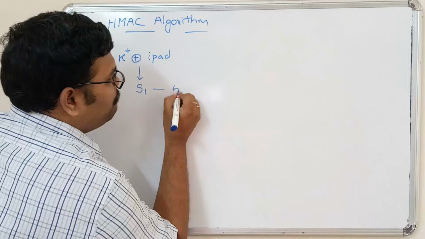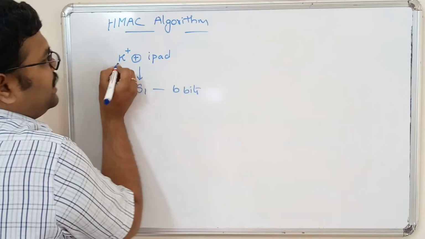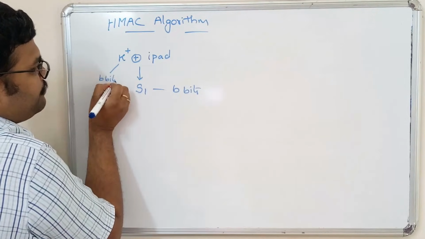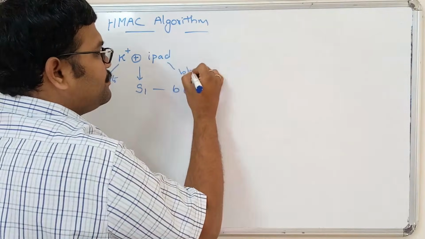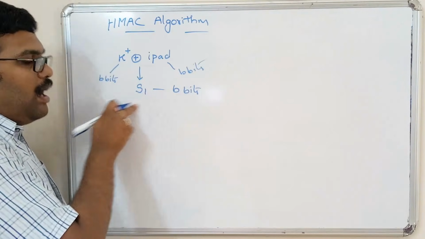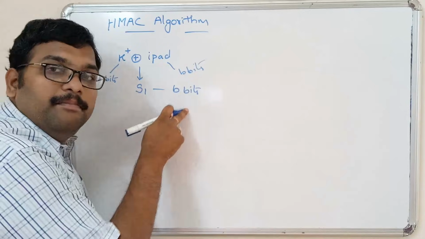This is of B bits, because K plus is B bits and iPad is B bits, so obviously the output of the XOR operation will also be B bits.